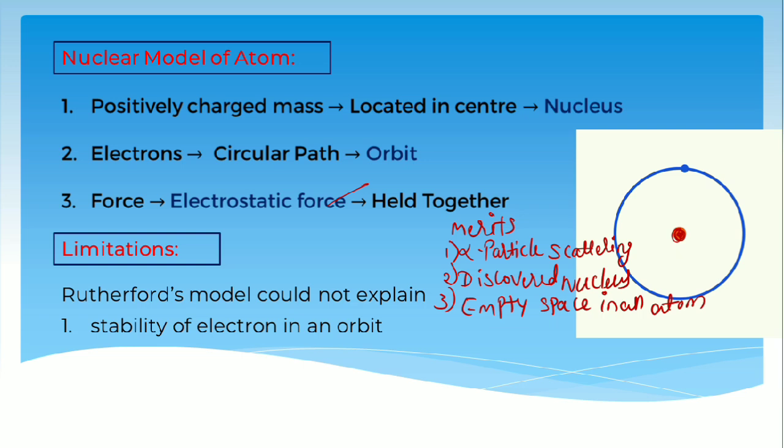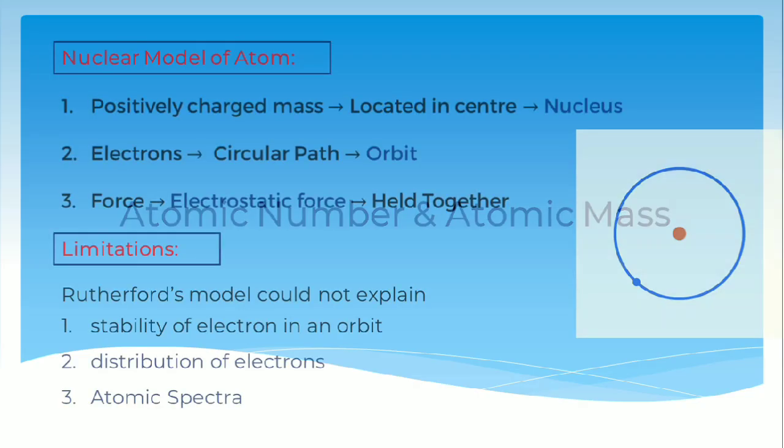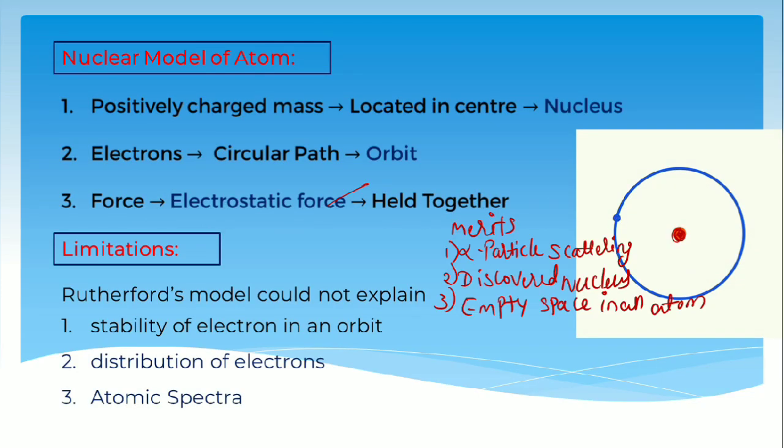But atoms are stable. Hence, Rutherford's model failed to explain the stability of an atom, the arrangement of electrons, and atomic spectra. So these limitations led to the development of the Niels Bohr atomic model.